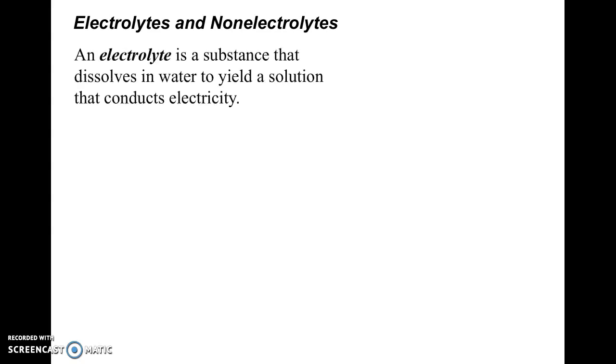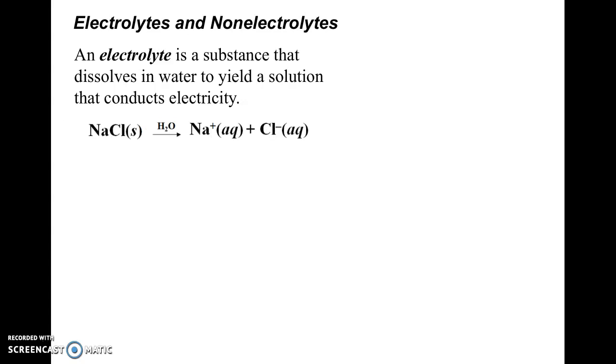And the first thing we need to talk about are electrolytes and non-electrolytes, and we've used this term a little bit. We've never really defined it. An electrolyte is a substance that dissolves in water, and it produces a solution that conducts electricity.